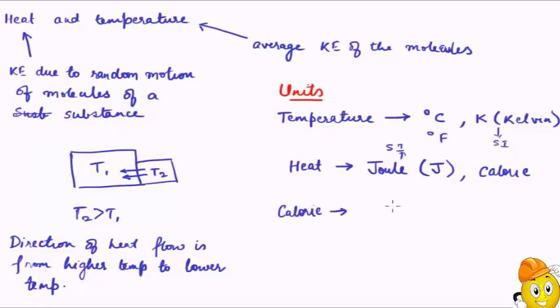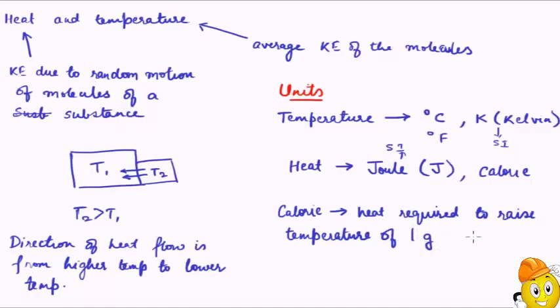A calorie is the amount of heat required to raise the temperature of 1 gram, note it's 1 gram of water, from 14.5 degrees Celsius to 15.5 degrees Celsius.